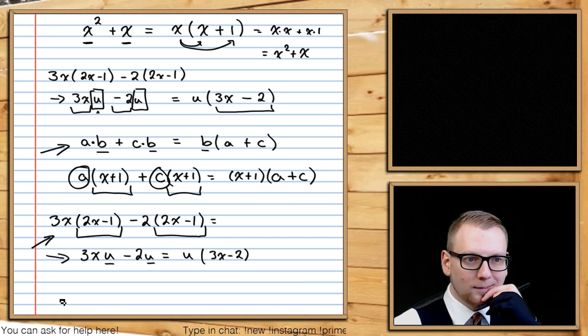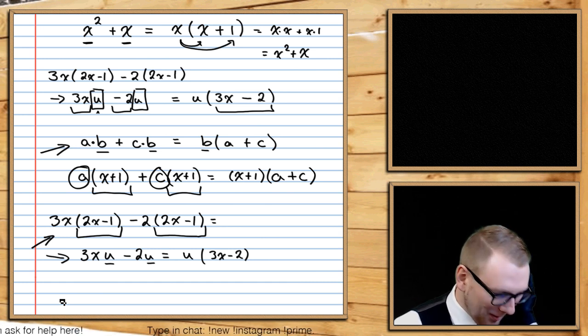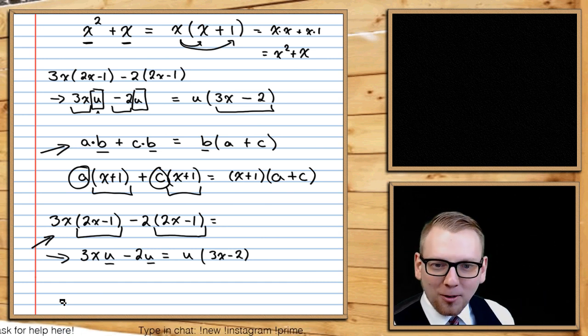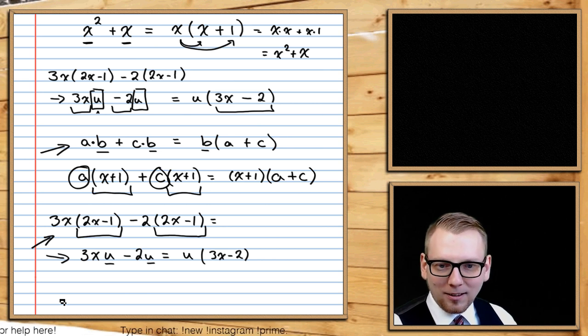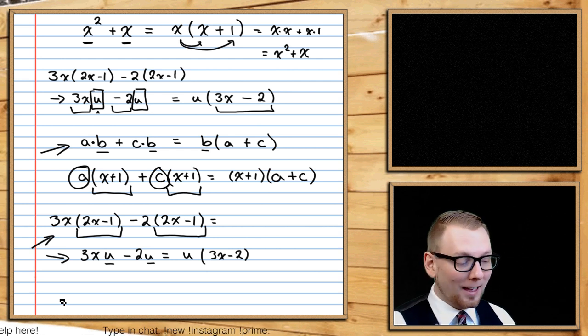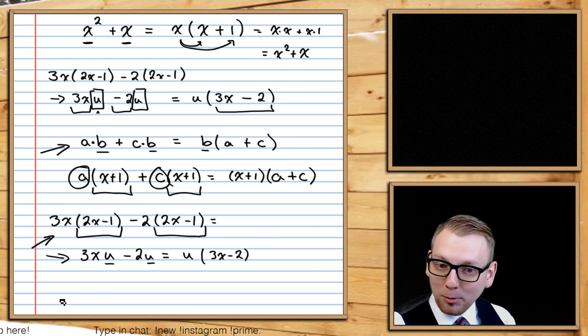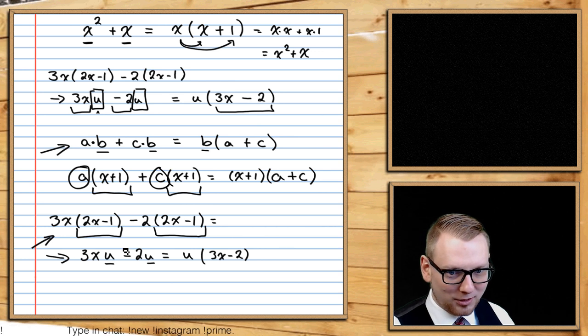Okay, let's see. But you're overthinking it. You get the one with the u's. Now, just replace u with 2x minus 1. Literally just replace it, and you're done.